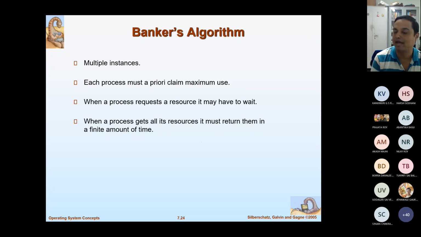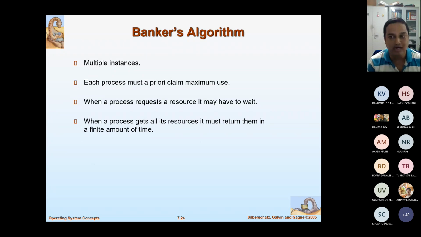That's why the term is bank. Whenever a process tries to execute, it will request the maximum amount of resources it is looking for. If the resource requirement is fulfilled, then the process will be sent for execution. Otherwise, it will be kept in holding, in the waiting or ready state.